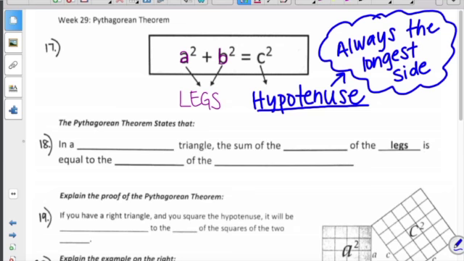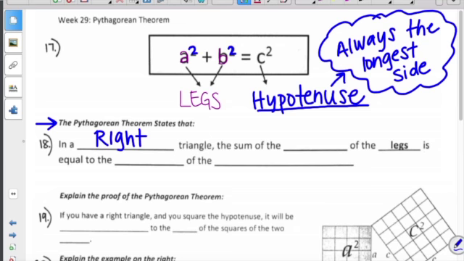So the Pythagorean theorem states that in a blank triangle, what type of triangle? A right triangle. The sum of the blank of the legs is equal to the blank of the blank. So what do we do with the legs? Well, we square them.